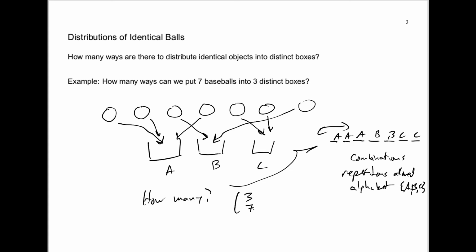We want combinations of length 7 from a 3-letter alphabet with repetitions allowed. And we know how to evaluate 3 choose 7. We can write that as the regular combination number, 9 choose 7, which is the same as, of course, 9 choose 2, which is 9 times 8 over 2, which is 36. So there are 36 ways to do this.